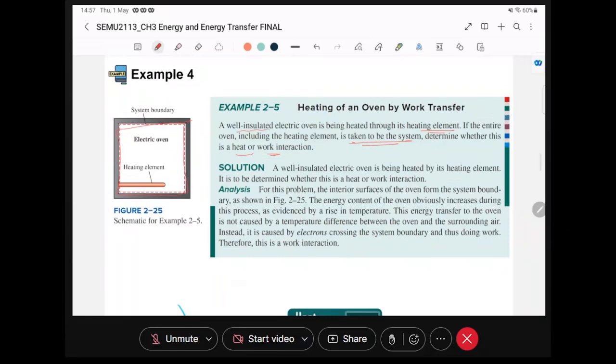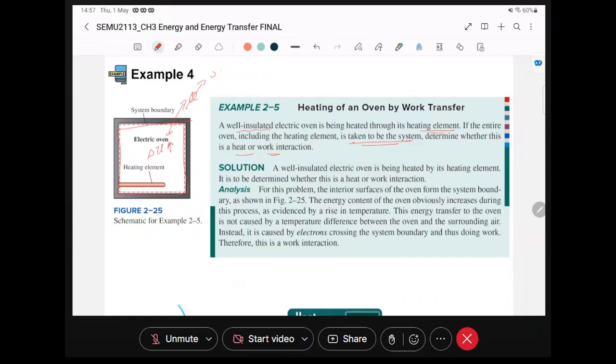If it's well insulated, so therefore Q is nothing. Okay. But as we run the oven, definitely we know the temperature will increase. Sorry, the U in the system is definitely increasing. Okay.